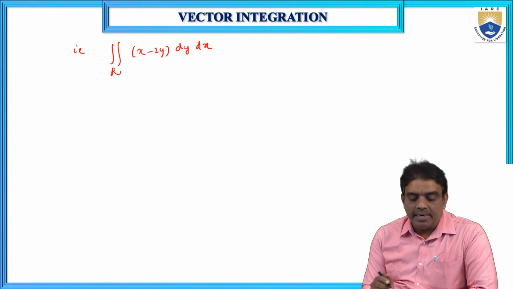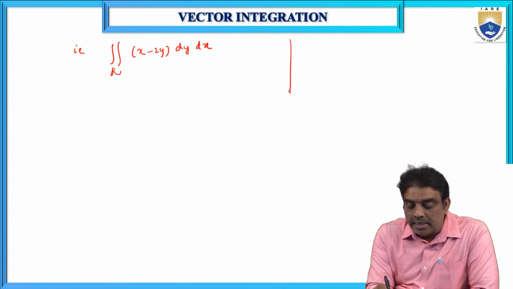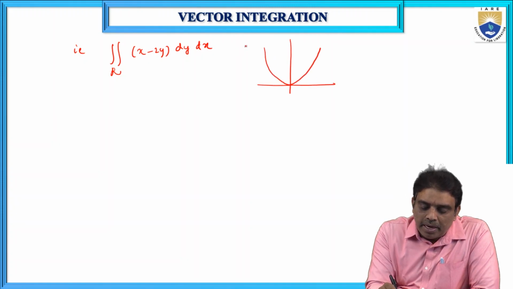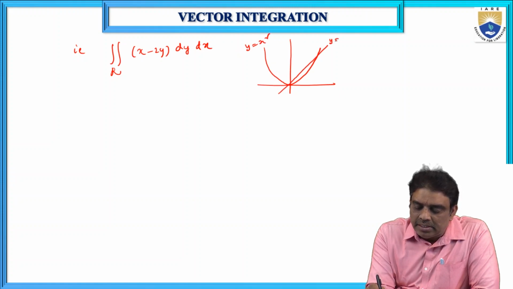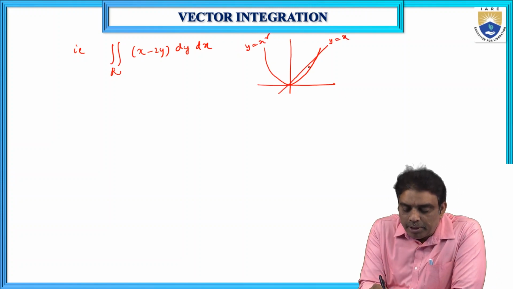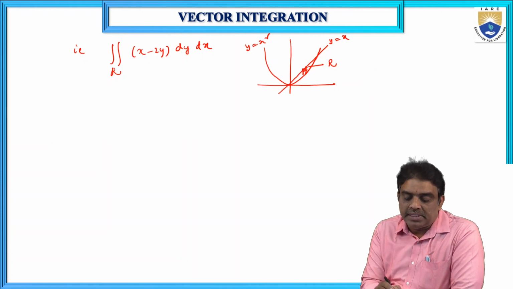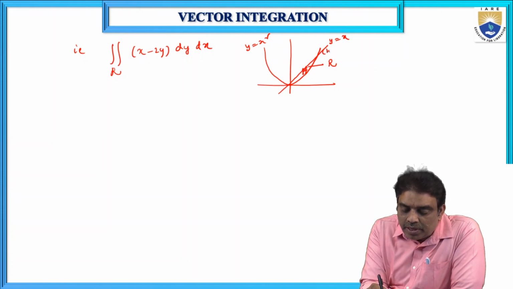So now we have to find the limits of integration. How to find the limits of the integration? One is a parabola, given as y is equal to x square, and the other one is a straight line y is equal to x, and I am assuming this is the region R. I am considering the strip inside the region, and this is (1, 1), and this is (0, 0).